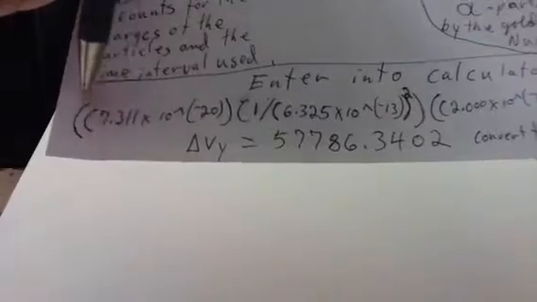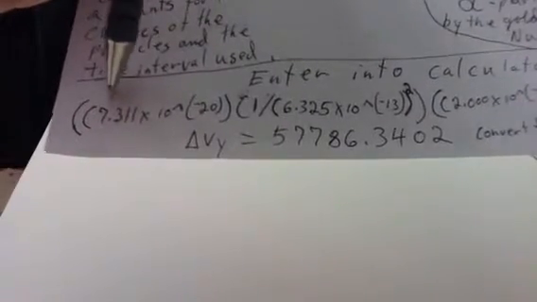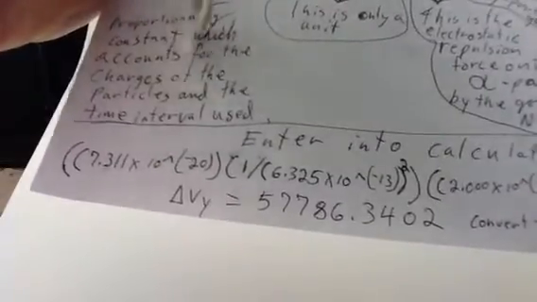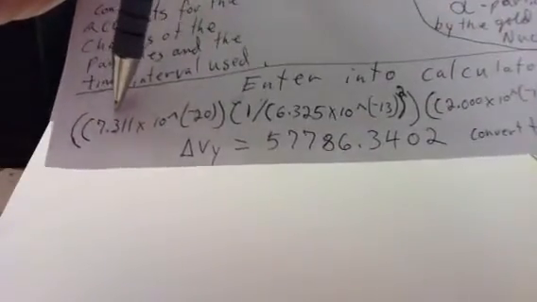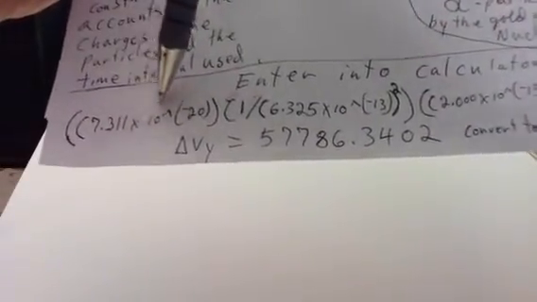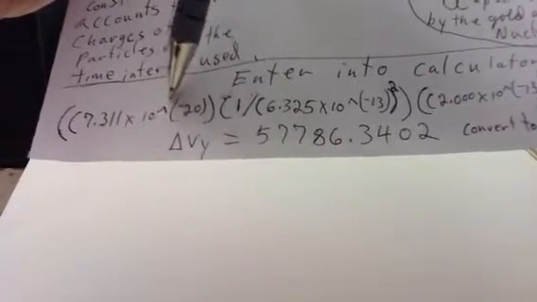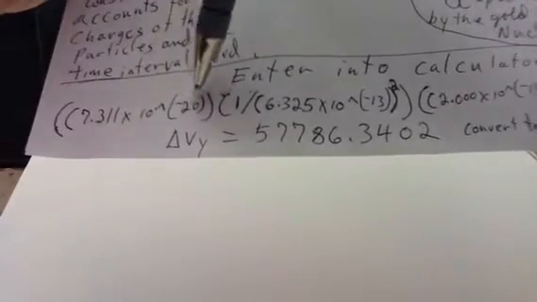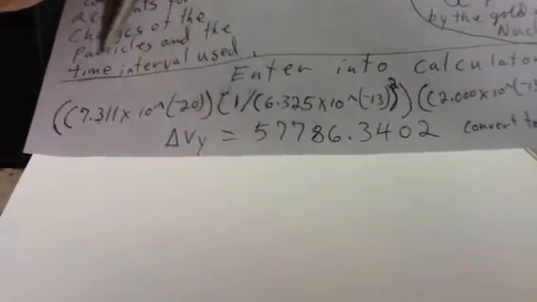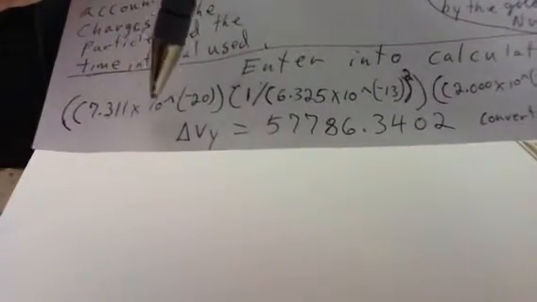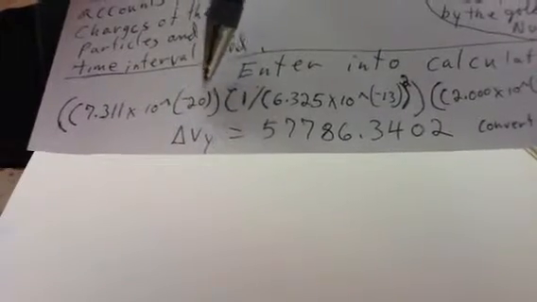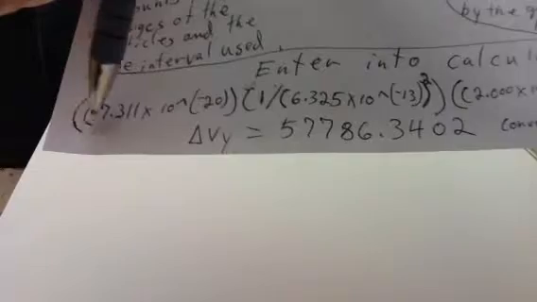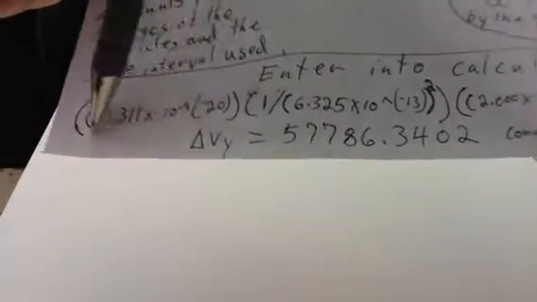So you have parentheses, parentheses, and then what we call the proportionality constant, 7.311 times 10 to the negative 20. This is how it looks in your calculator. Some calculators will give you a parentheses after the minus 20. Make sure you put the parentheses after the 20 and close your next parentheses, so you have this all nicely in one parentheses.